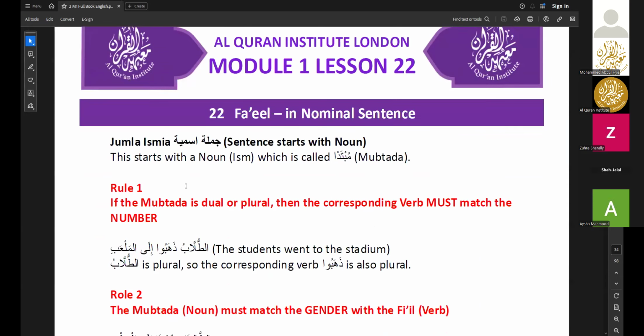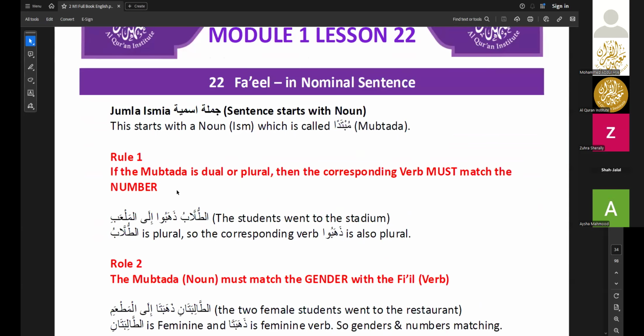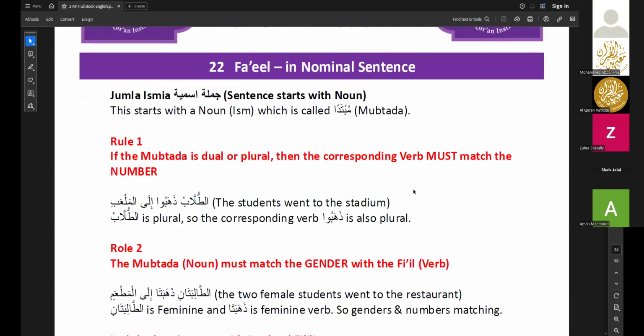So there are some rules. Rule 1, if the mubtada is dual or plural, then the corresponding verb must match the number. And rule 2 says the mubtada must match the gender with the fa'il. Okay, so Jumlatul Ismiya or nominal sentence starts with an isim, and then after the isim, we can have a verb if we want to.